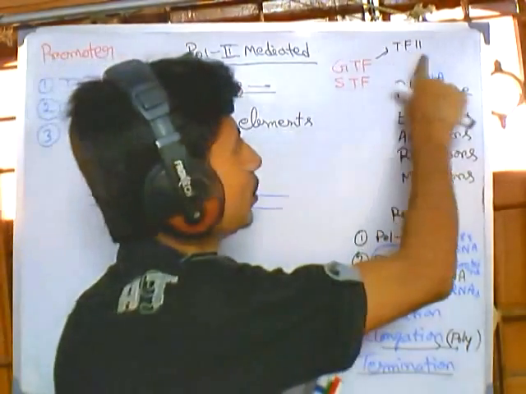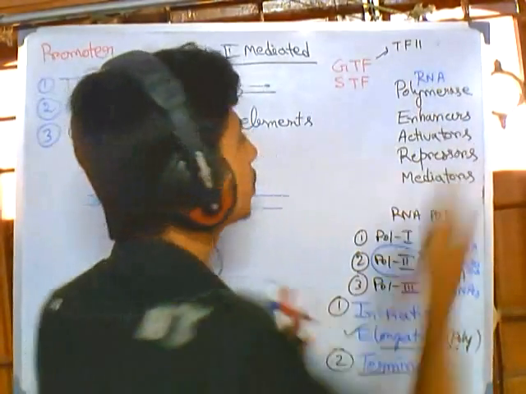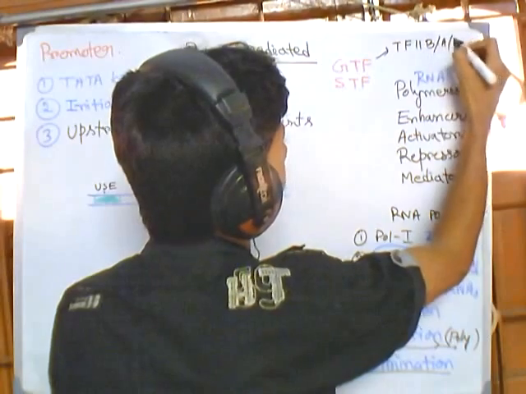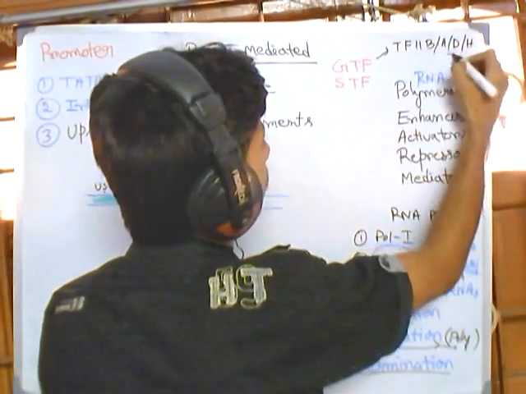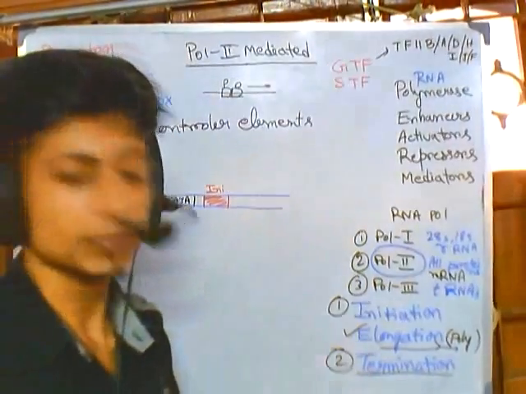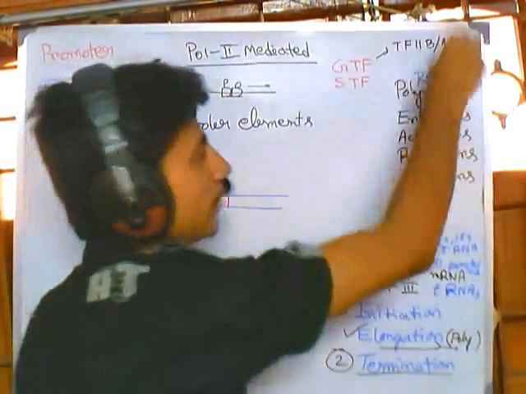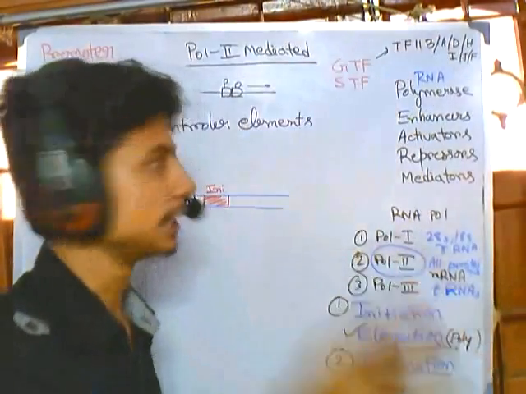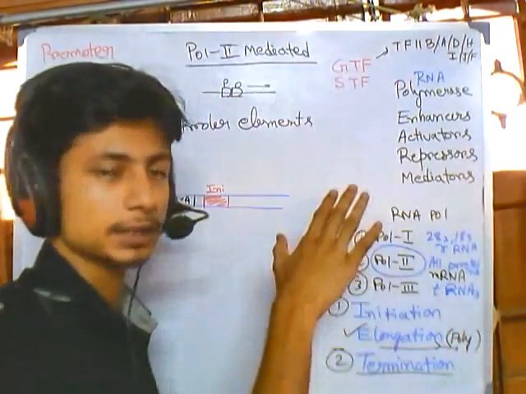It could be transcription factor 2b, 2a, 2d, 2h, 2i, 2j, 2f, and so on. These are variations of the names, but the nomenclature will be transcription factor 2, and they are among the generalized transcription factors.